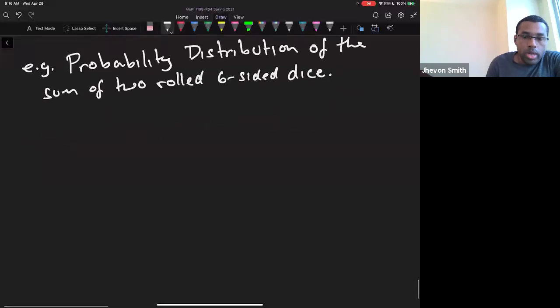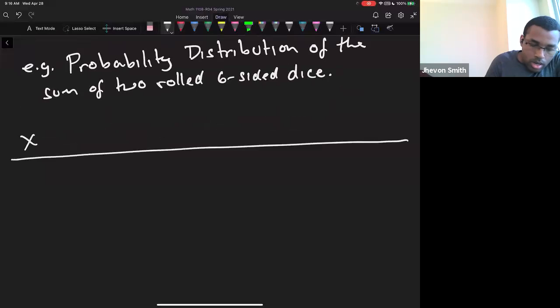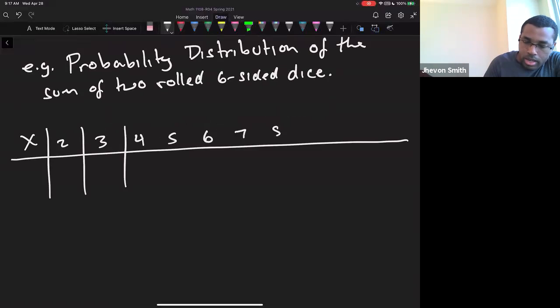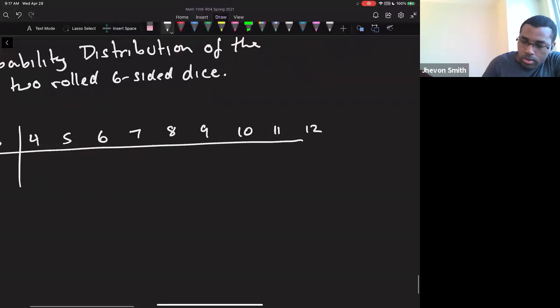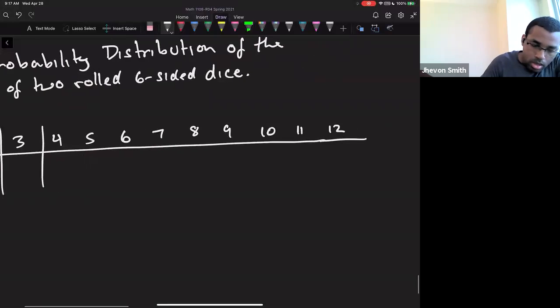We know the possible values for that. The sum could be 2 if I get 2 ones, 3, 4, 5, 6, 7, 8, 9, 10, 11, or 12 if I got 2 sixes.